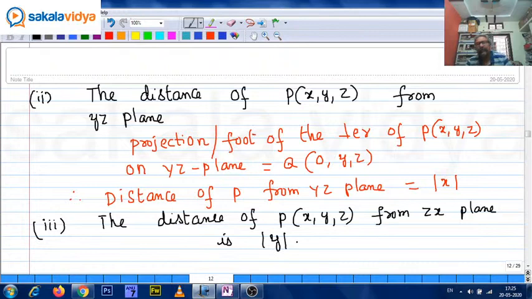Right. Mod y, mod x and mod z. Don't get any confusion. If you have any confusion, just recall the foot of the perpendiculars from P(x, y, z) to the respective planes: xy plane, yz plane and zx plane. Wonderful.